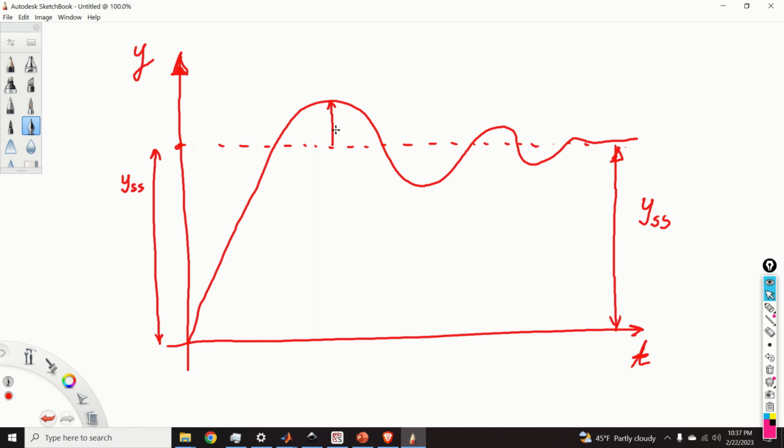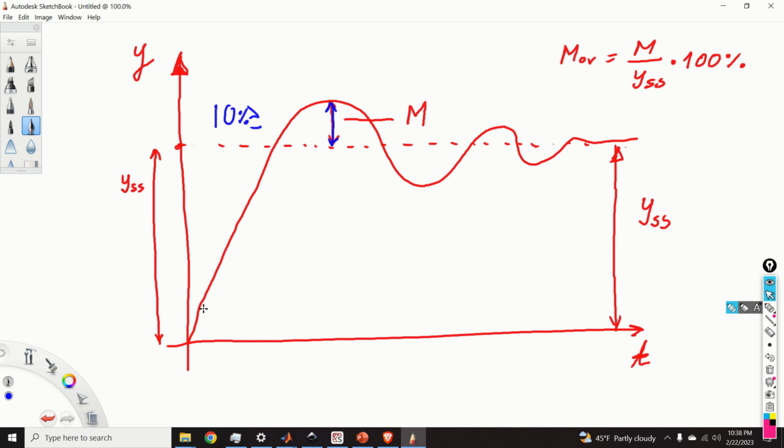The maximal peak is usually denoted by M. The overshoot is usually defined as M over YSS multiplied by 100%. Our first design specification is to keep this overshoot below 10%.